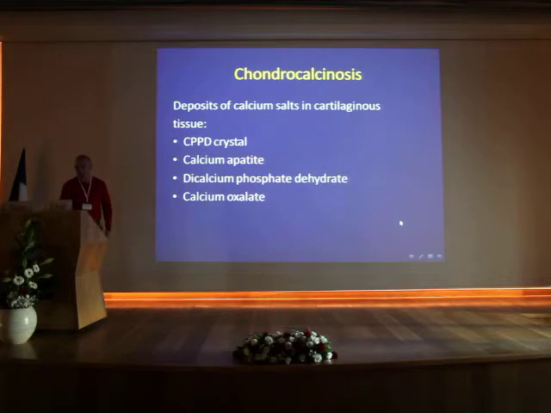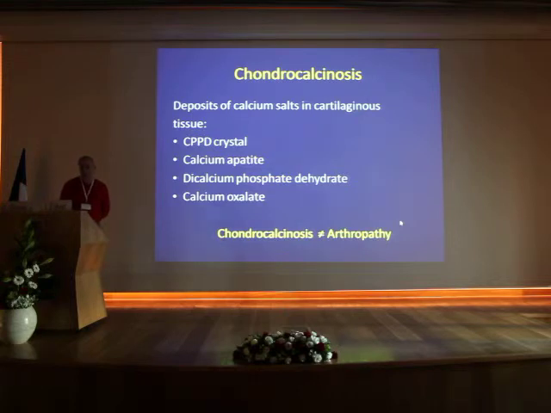Now, chondrocalcinosis, we are talking about more generally, can be deposits of calcium pyrophosphate, calcium apatite, hydroxyapatite, the calcium phosphate, and calcium oxalate within the cartilage. And we should remember that chondrocalcinosis per se is not arthropathy, is not necessarily symptomatic as arthritic pain.